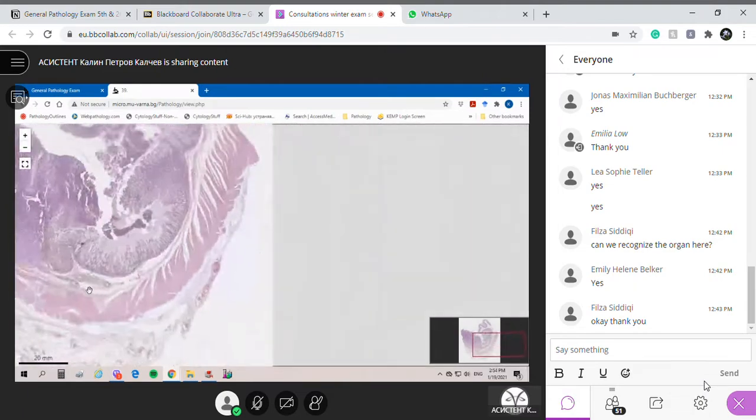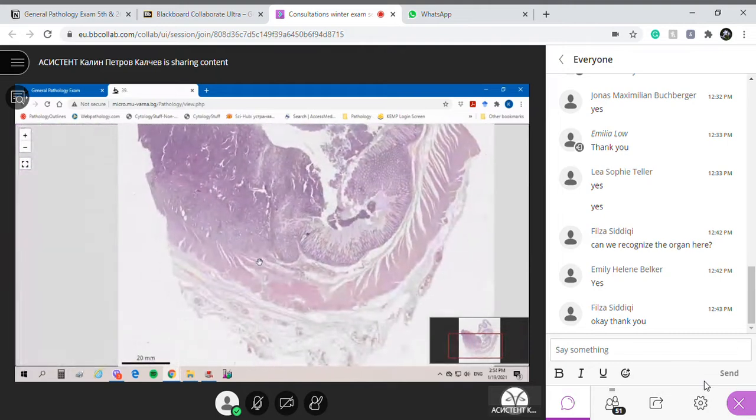You have to know the TNM staging of the tumors. What do they mean? In hollow organs like this, the stage is defined by the depth of invasion. In solid organs like the breast, like the liver, like the lungs, the stage of the tumor is defined by the size of the tumor. So, for example, for the breast, T1 tumor, if the tumor is less than 2 centimeters in diameter.